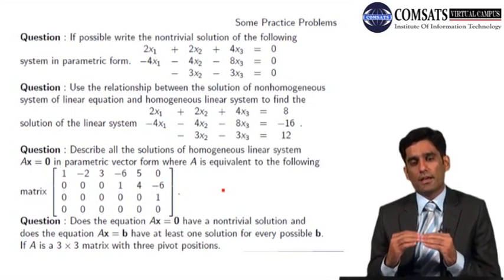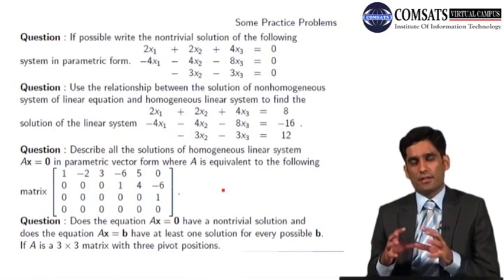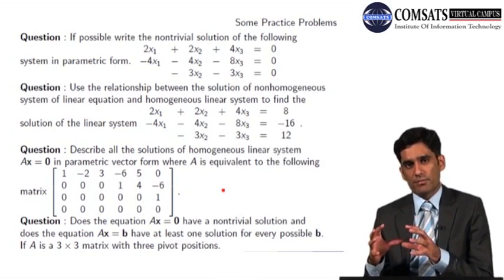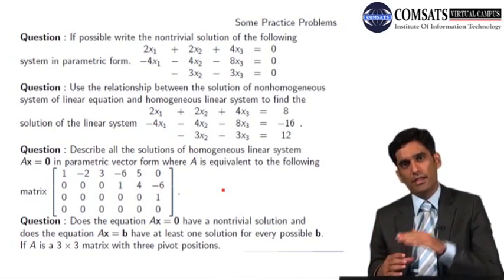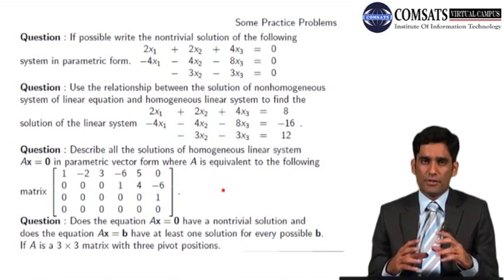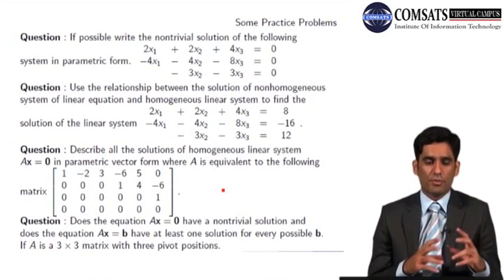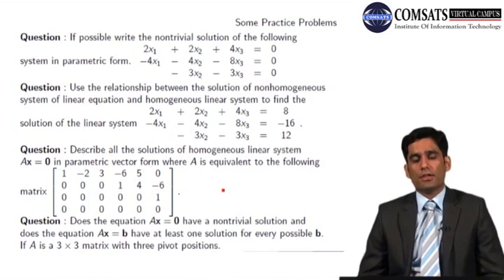In fact, अगर आपका non-homogeneous system of linear equations का solution exist करता है तो there is a relationship. That relationship corresponds to scaling the solutions of the homogeneous system. Homogeneous system के solutions को हम scale करते हैं by a vector और ये हमने geometrically भी देखा है.